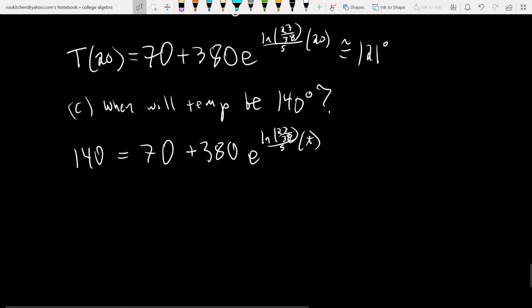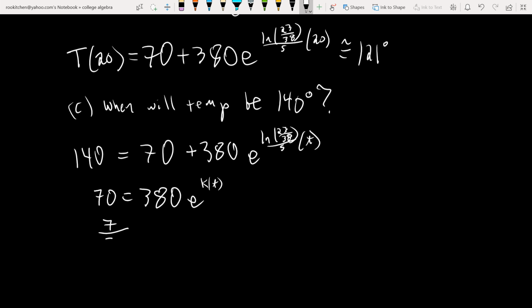Move the 70 over, and you're going to get 70 equals 380 e to the constant times t. Divide by 380 on both sides, so you get 7 over 38 equals e to that constant times t.